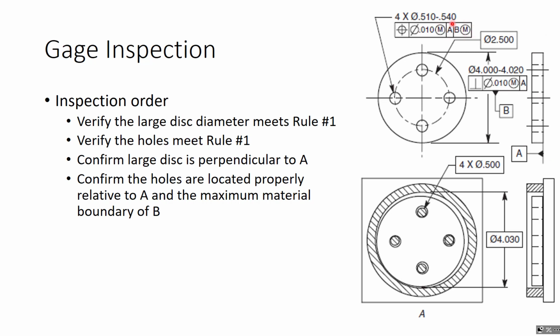And that means that as the disc runs smaller, or runs away from max material condition, gets smaller, closer to 4, the disc itself can shift more in its gauge, and that also gives you more tolerance on where those holes can fit over those pins. This is a lot simpler to inspect than if any of these max material condition callouts were left out.